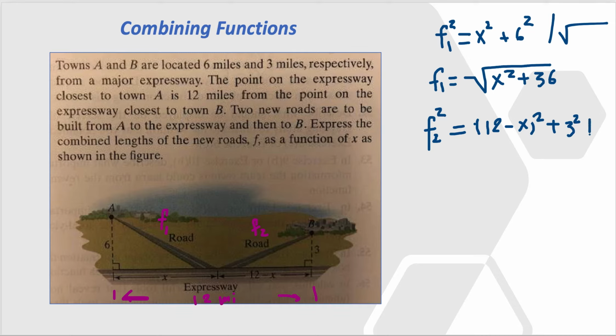And if you take the square root in the same way like we did with function 1, f2 is going to be equal to the square root, the positive one, because we are working with a real situation example, so no plus or minus, of 12 minus x squared plus 9.